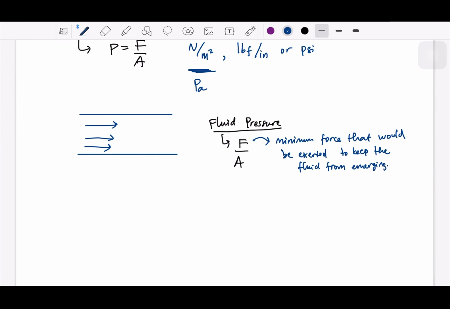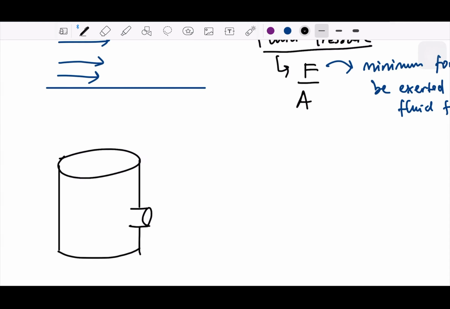So we can have fluids in tanks like this. Okay. So it is the force, and then this will be the cross section, the area. So the force.